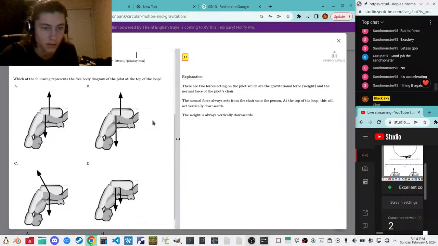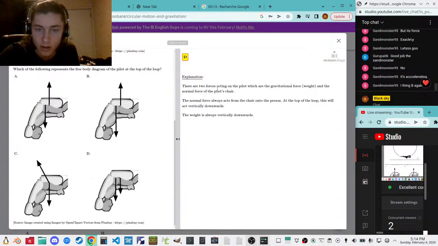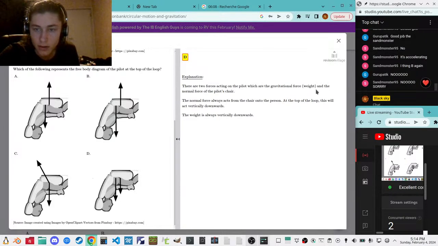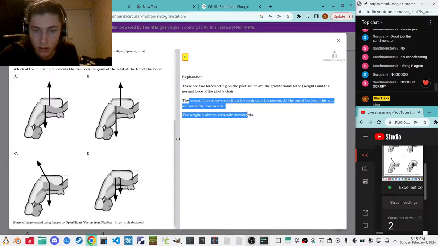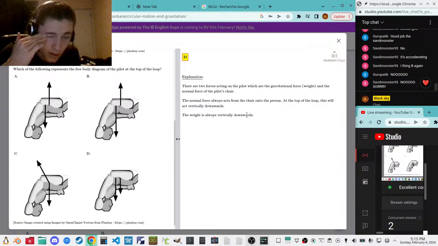It's accelerating, right? Seriously? Yeah, normal force, true. But how does this even work?